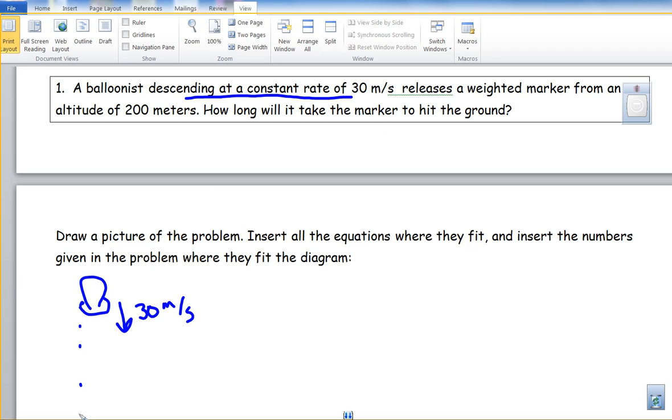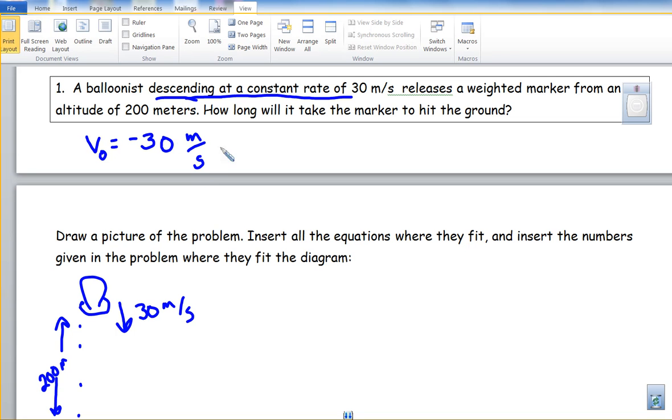It's going to go faster and faster downwards. And it's dropping it from an altitude of 200 meters. So this is the starting out initial height. So I could write V0 equals, well, the initial vertical speed was 30 and it's going downwards, so I would say -30 meters per second because it's descending, that's downwards.